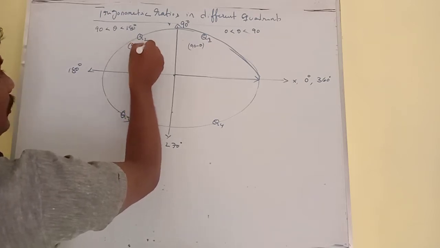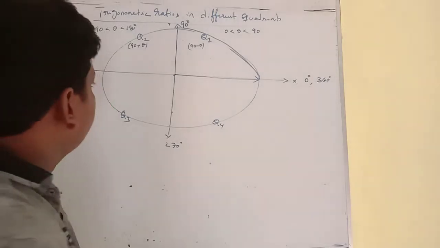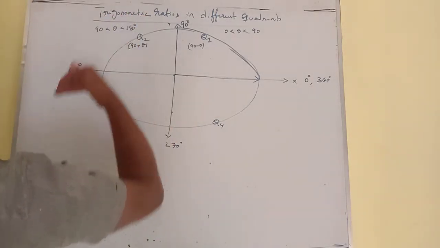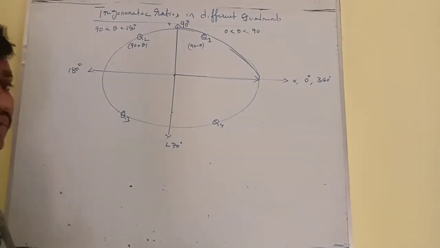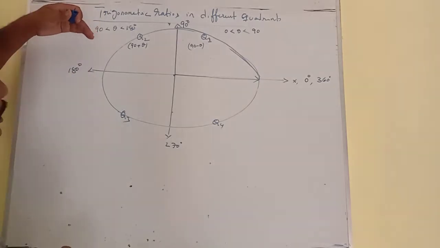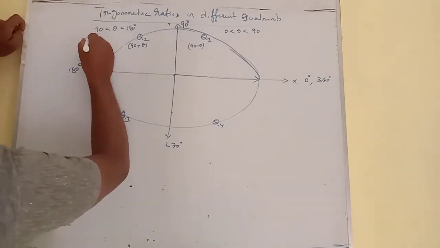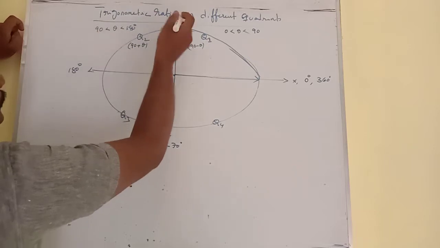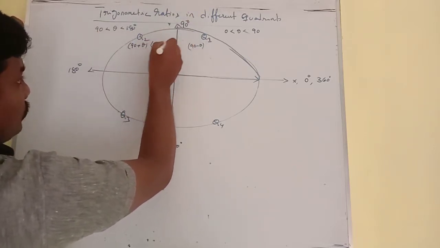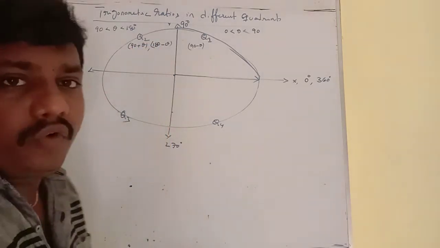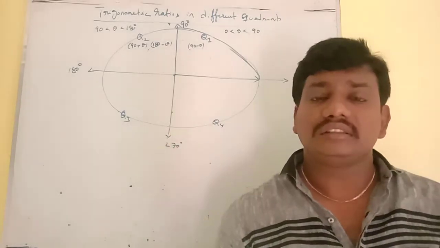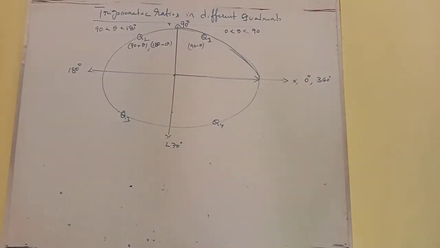The angles less than 180 also come under the second quadrant, and can be written as 180 minus theta. Angles in the form 180 minus theta or 90 plus theta are called second quadrant angles.